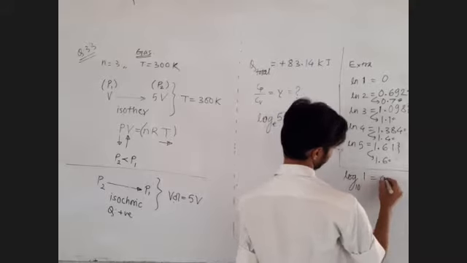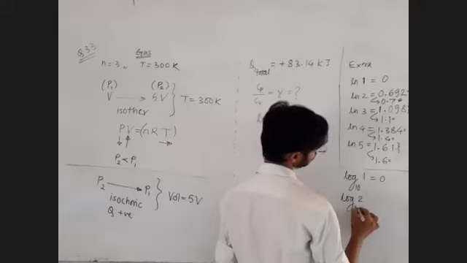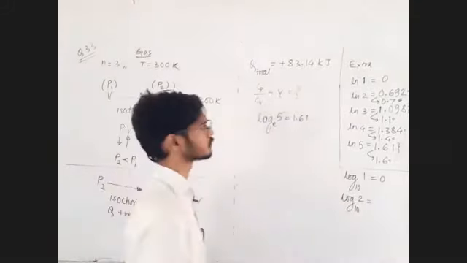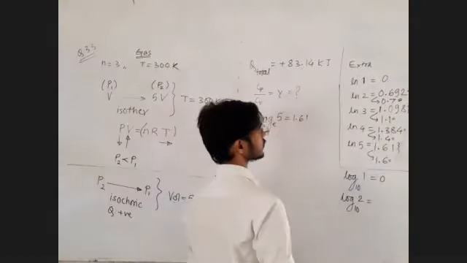Log 1 is 0, log 2. What is log 2 to the base 10? Divide this by 2.303.